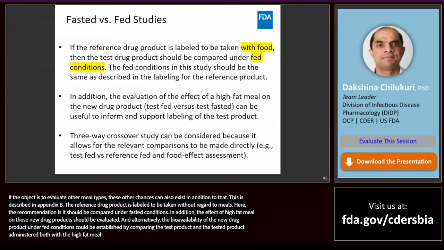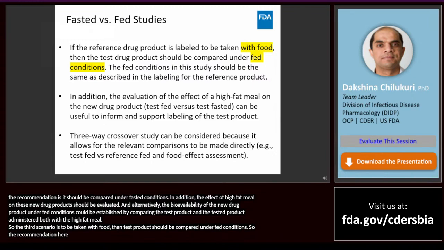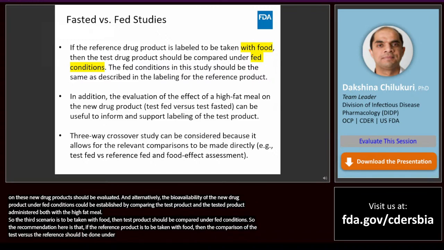So the third scenario here is that if the reference drug product is labeled to be taken with food, then the test product should be compared under fed conditions. So the recommendation here is that if the reference product is to be taken with food, then the comparison of the test versus the reference should be done under fed conditions. And these fed conditions should be the same as the ones that are described in the labeling for the reference product.